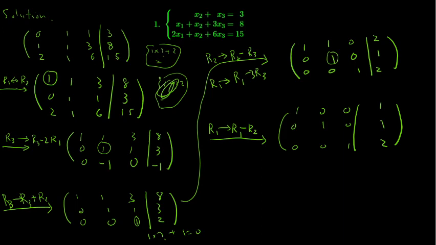By unique, I mean different people can perform different operations when creating leading ones and so on, but the final form in REF is always the same, as long as you did everything correctly. That's what we meant by unique.